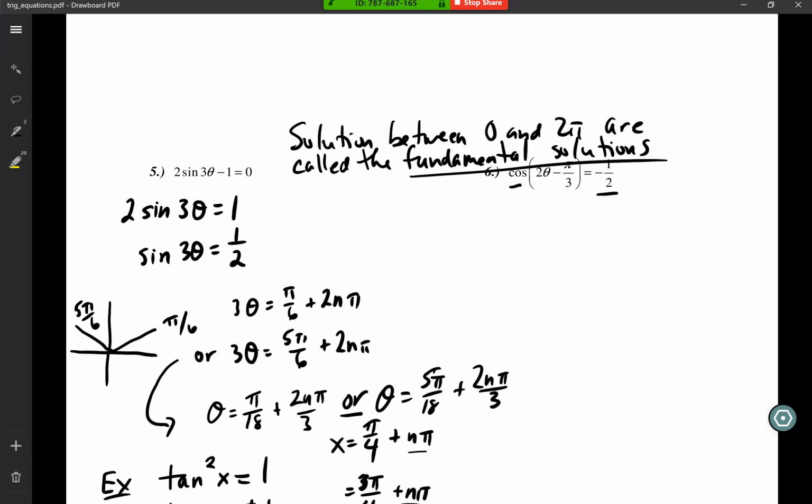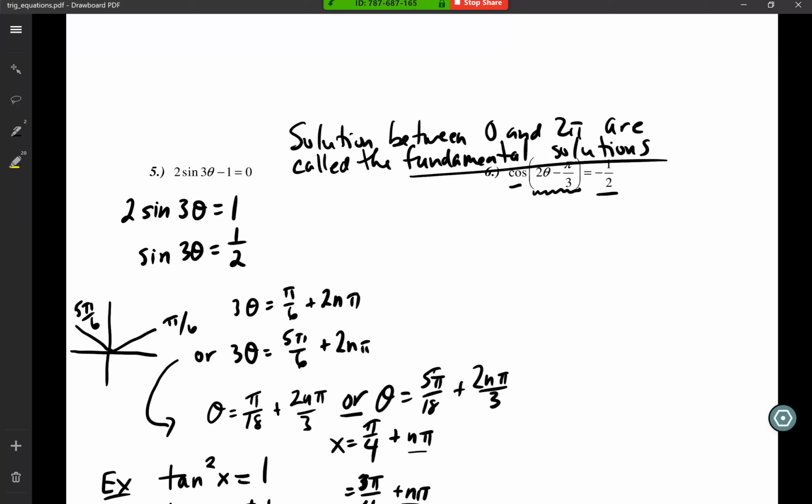I'm not worried about this right now. I'm just treating it like it's an x or a y. I'm just treating the inside like it's just one big variable to start with, just like I did over here, right? I treated the 3 theta just like it was the variable. So we're doing this exactly like what we started the previous ones.